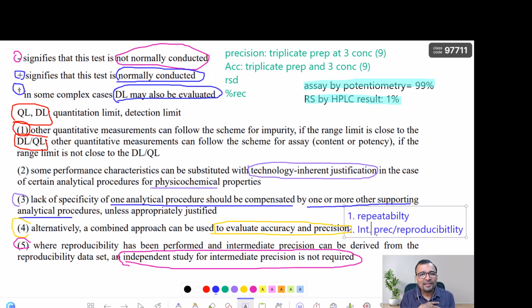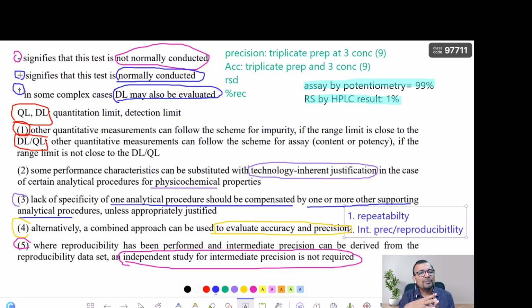If I am doing the repeatability study for 6 measurements, then I cannot be part of the intermediate precision. Another analyst like Vikas is going to perform the intermediate precision on the same day or a different day, by the same instrument or a different instrument, using a different set of instruments like HPLC, pH meter, etc. That is called intermediate precision. Vikas and I work in the same lab, and that is the intermediate precision.